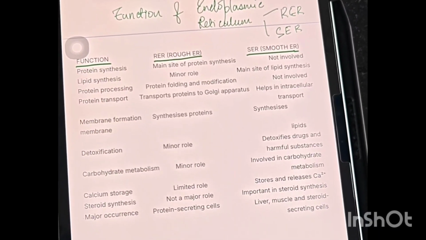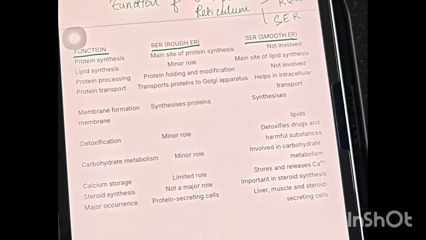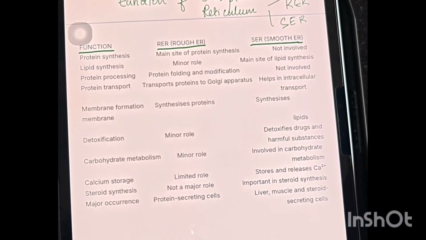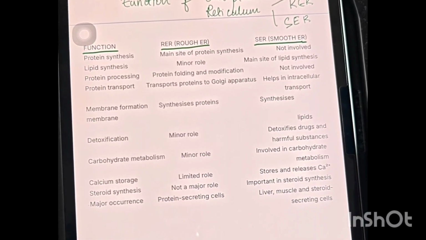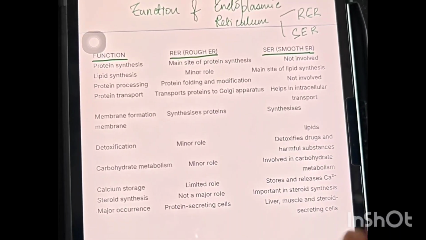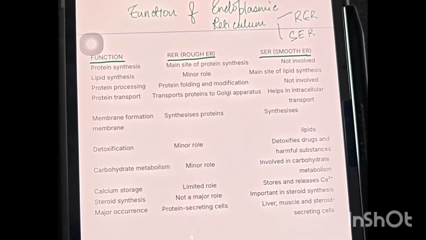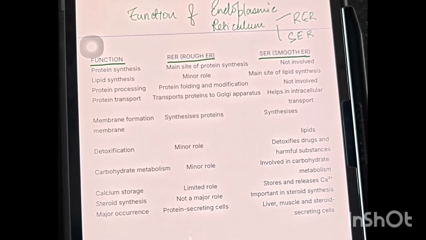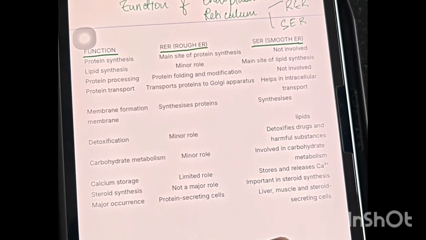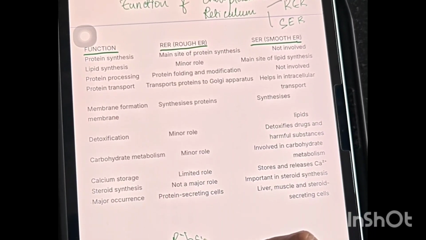First is protein synthesis. You know very well that protein synthesis is one of the major functions carried out in any cell. The main site of protein synthesis is the ribosome.